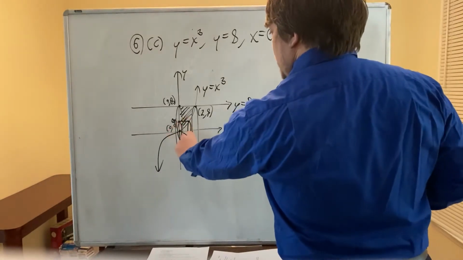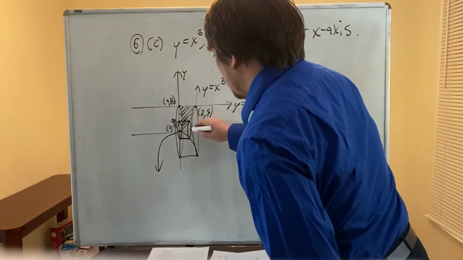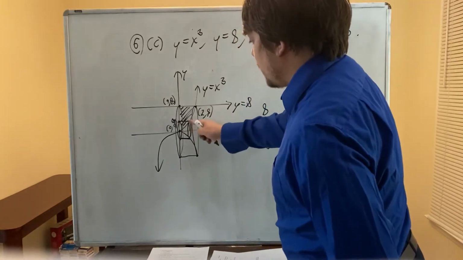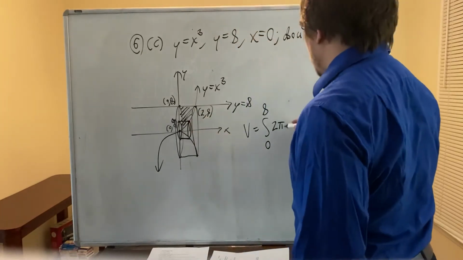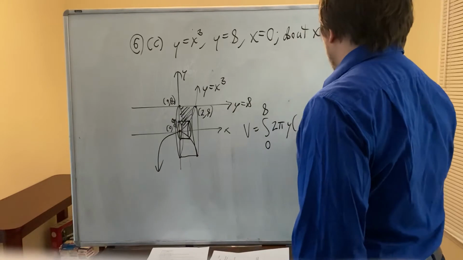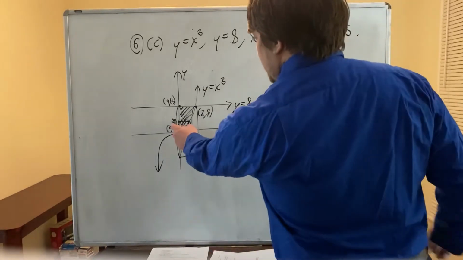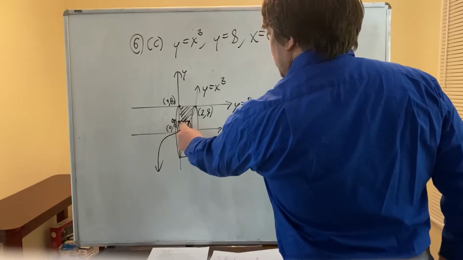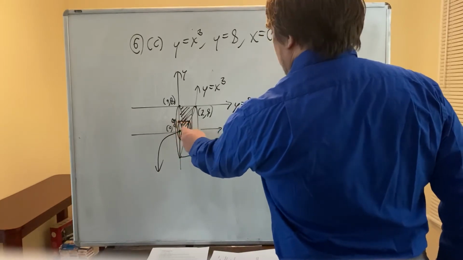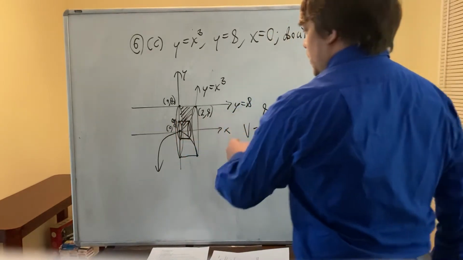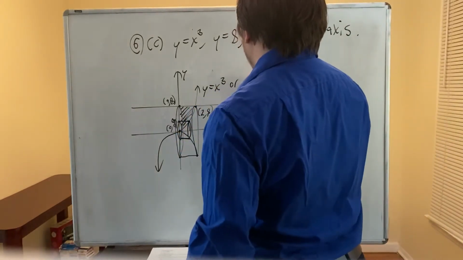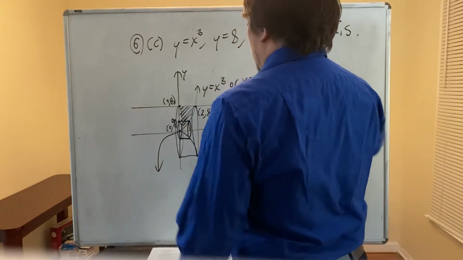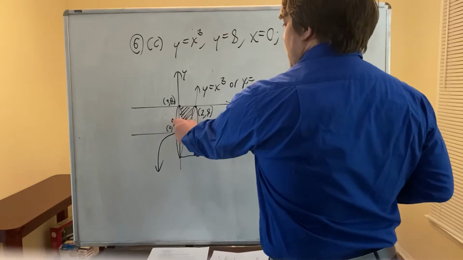The radius is, if you take this point on the curve, that length. The length is the y value of that point. So that's the radius, y, times the height. What's the height? The height of this is the x value of that point.